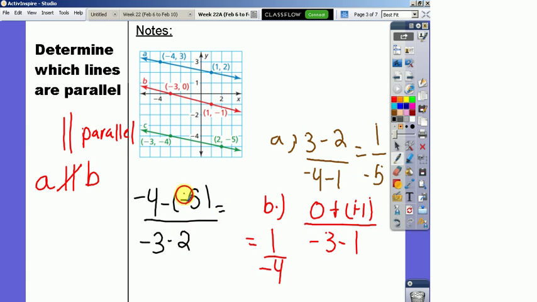So when we calculate that, we get 1 on top over negative 5 on bottom. So C is parallel to which one? A, right. So A is not parallel to B, but A is parallel to C. Does that make sense? Do you have any questions? Okay.